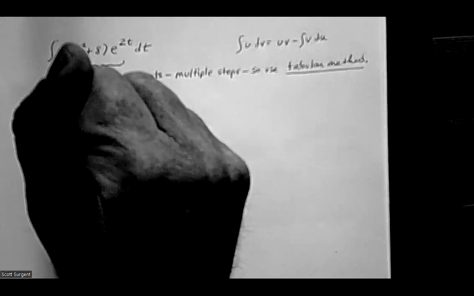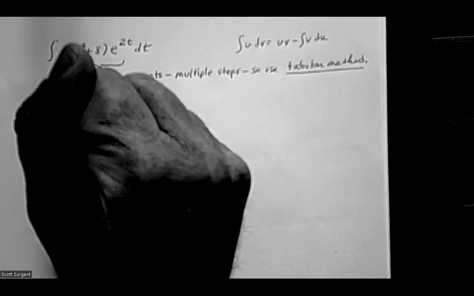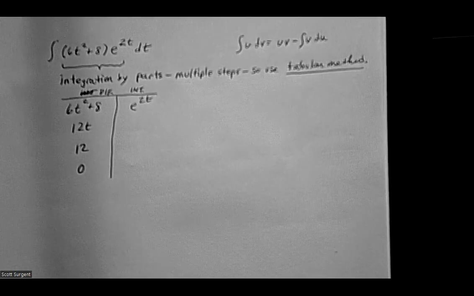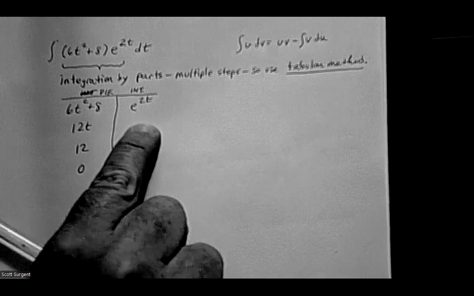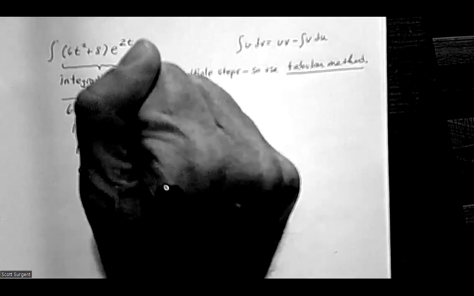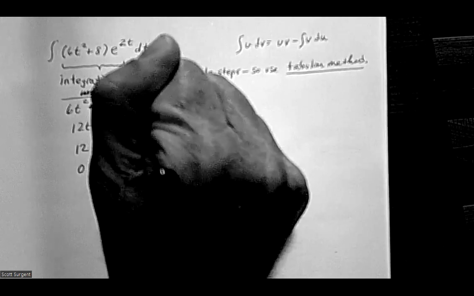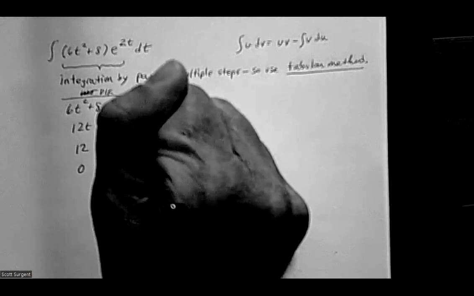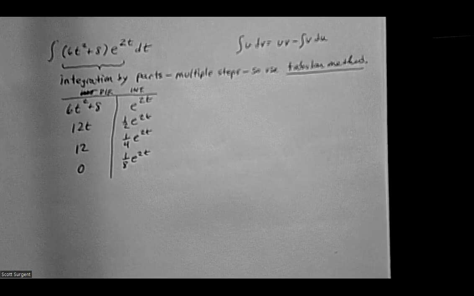So just keep on going. So 6t squared plus 8 is going to 12t, then 12, then 0. In the corresponding entries over here, you antiderive the function until you hit that line with the 0. And then you stop.